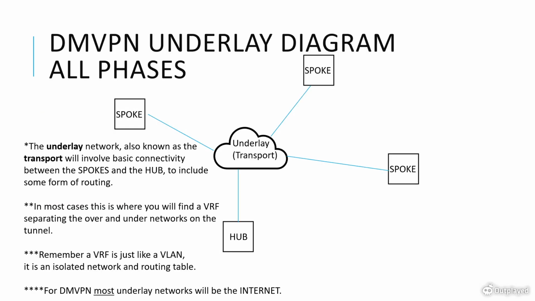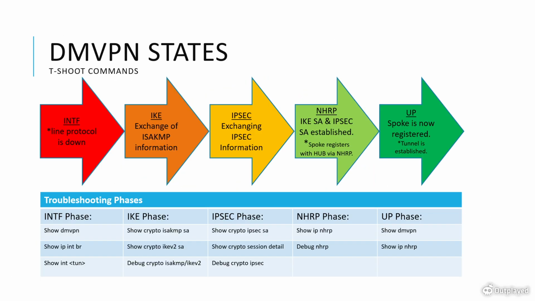As your DMVPN establishes, and you type in show dmvpn, you'll go ahead and you'll see the phases change. So INTF, if you see INTF in state, it's a good chance that the line protocol is down.